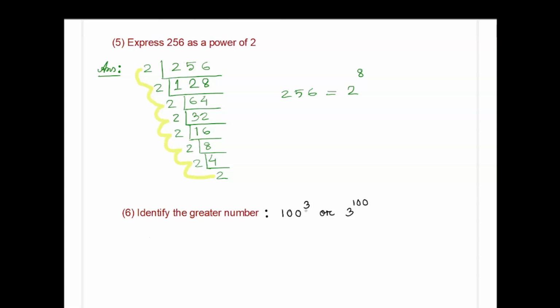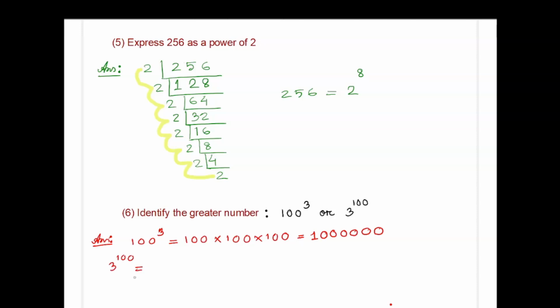Now see, here 100 to the power 3. That means 100 into 100 into 100. So after 1, how many 0s will come? 6 zeros will come. Now see, 3 to the power 100.